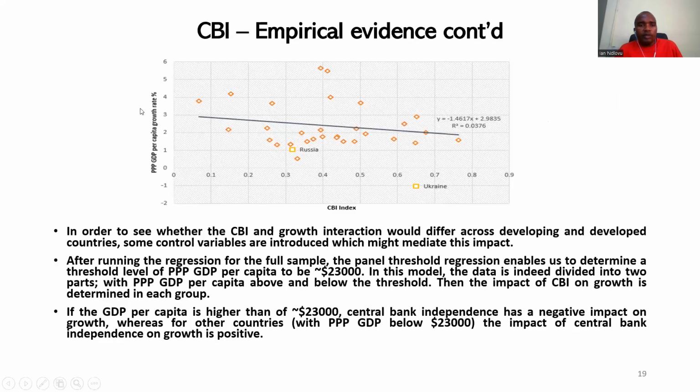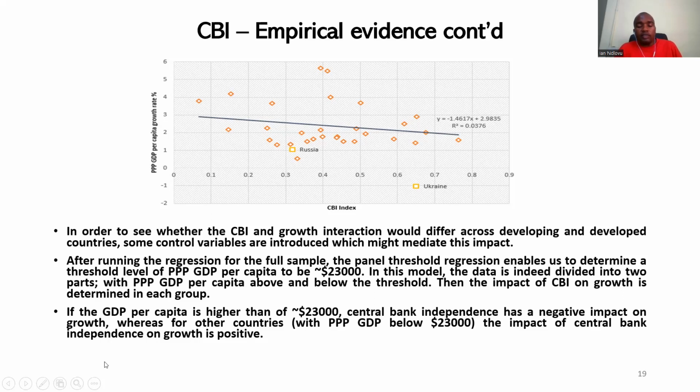So when you look at the purchasing power parity, GDP per capita growth rate, and the central bank independence indicator, we see that there is an inverse relationship between the two. In order to see whether the CPI and growth interaction will differ across developing and developed countries, some control variables are introduced which might mediate this impact.